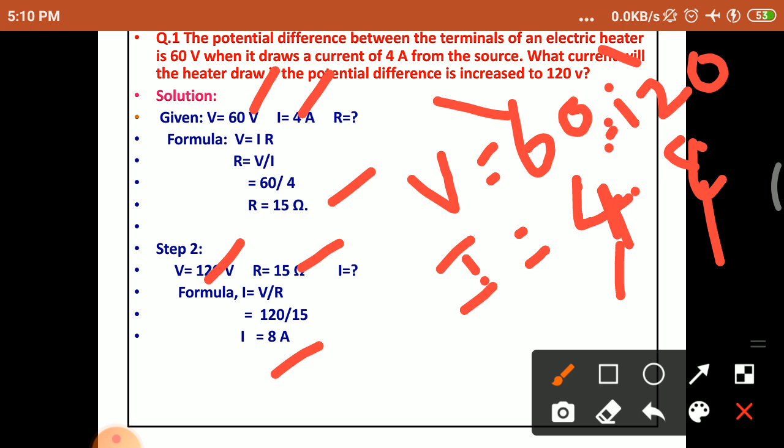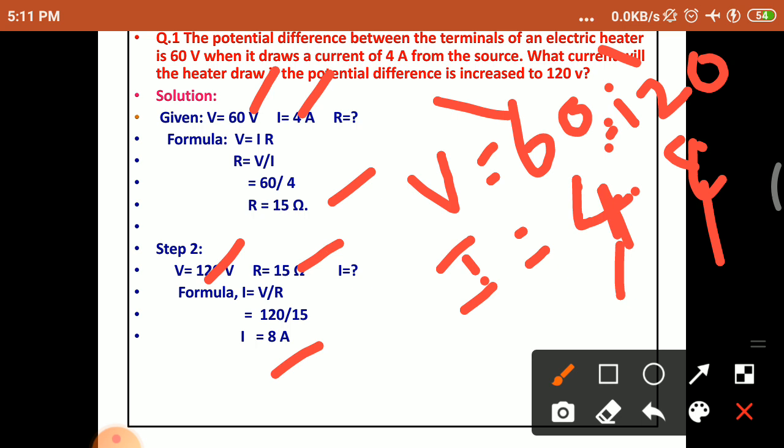This is proven by Ohm's law. Ohm's law gives the relationship between V and I. V is directly proportional to I. That means when V increases, I also increases. It is clearly shown in this numerical. When V equal to 60 volt, current is 4 ampere. If I increase the voltage from 60 volt to 120 volt, the current also increases.